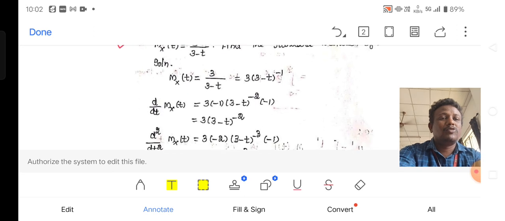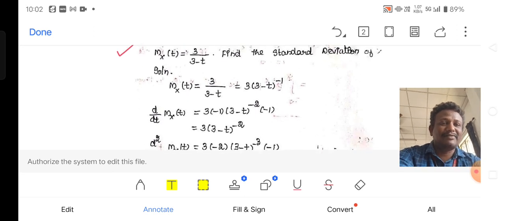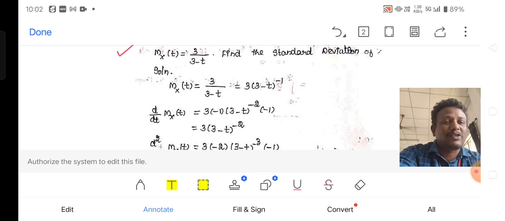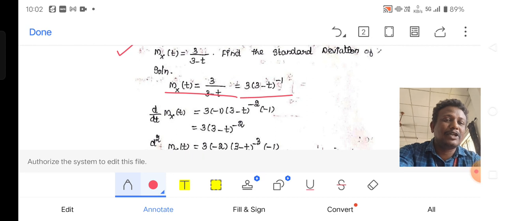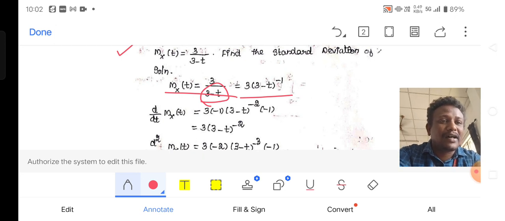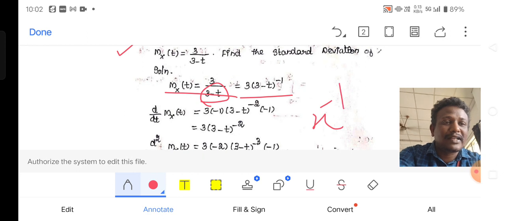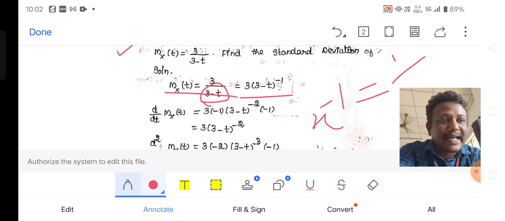So here the moment generating function is given, then we have to find the standard deviation for this problem. First write M_X(t) equal to 3 divided by 3 minus t. This can be written as, when you move the denominator to the numerator, a minus 1 power will come, because x power minus 1 is 1 by x.